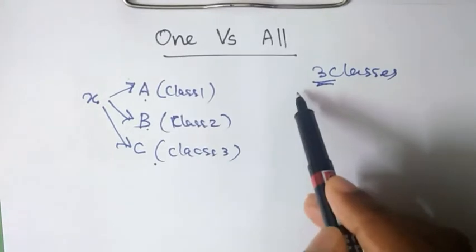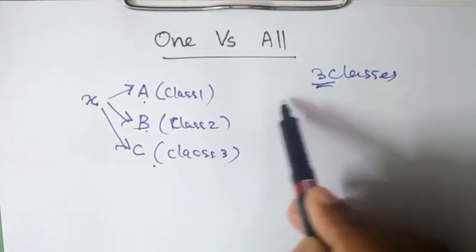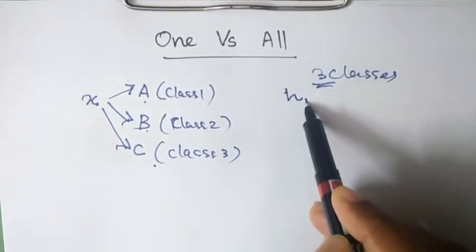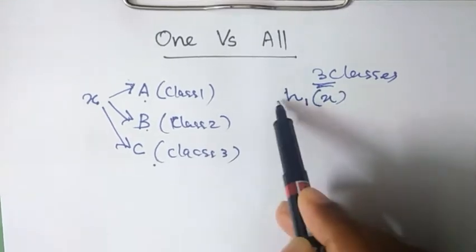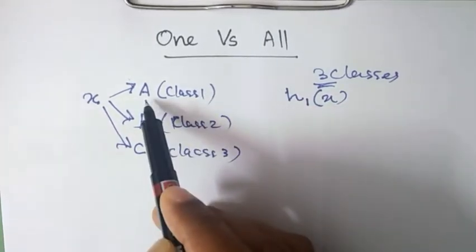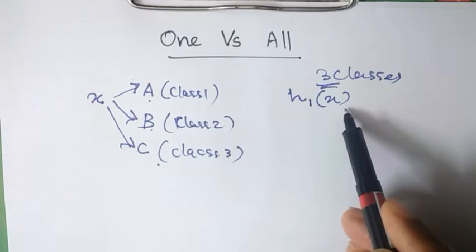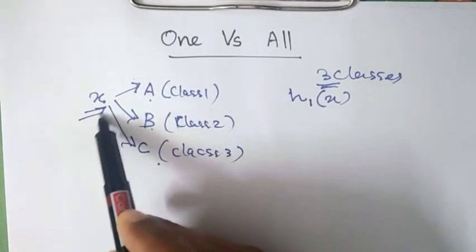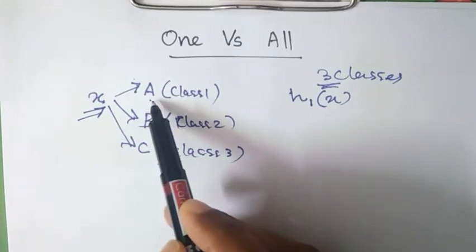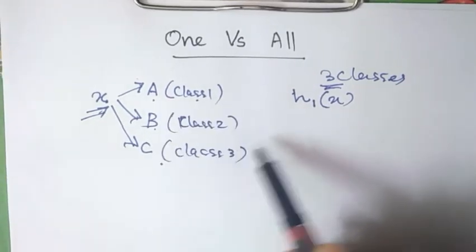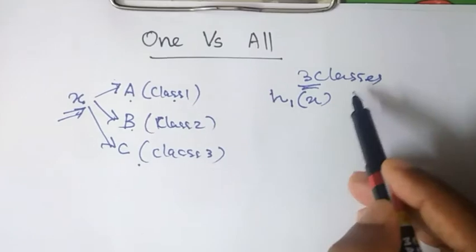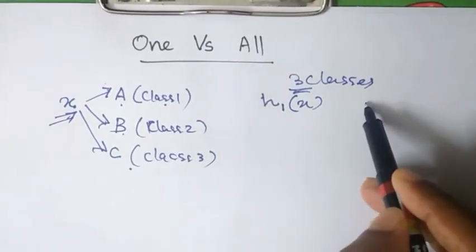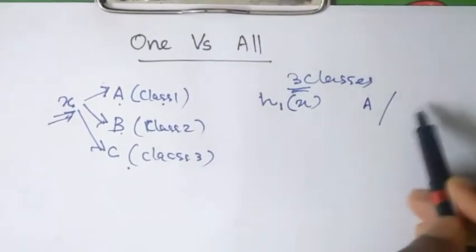So what we do is we write three hypotheses. First hypothesis H1 of X is for class A. That is, H1 of X will classify the given input X into A or otherwise.